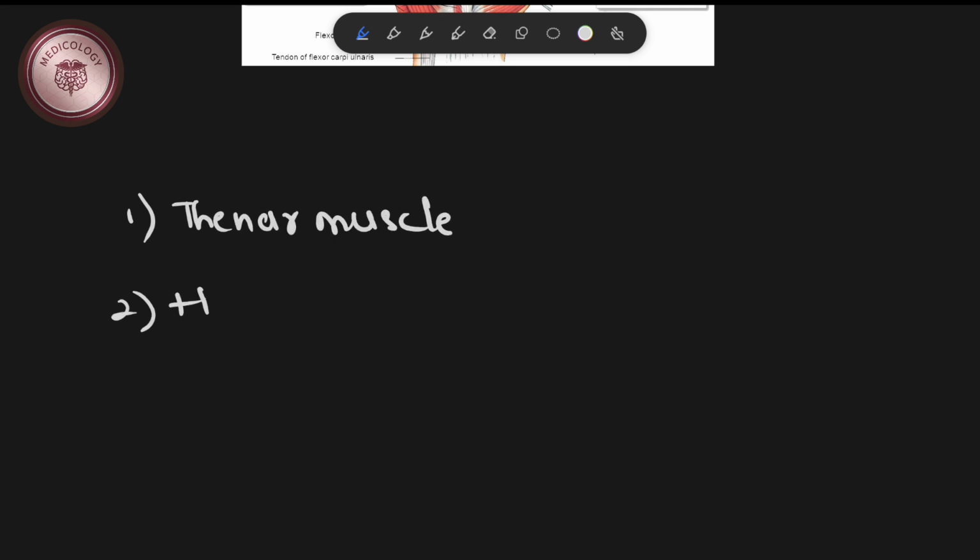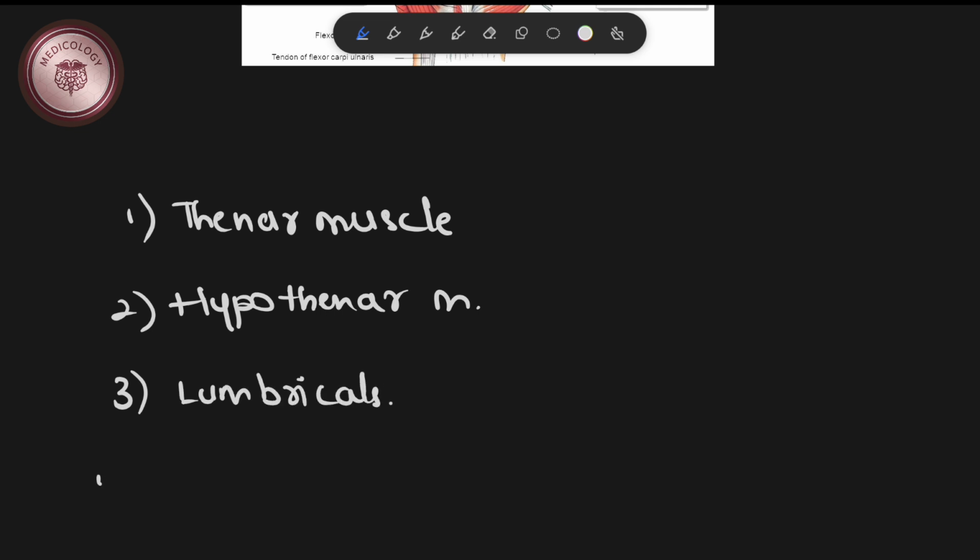Second, hypothenar muscles. Third, lumbricals. Fourth, palmar interosseous muscles. And fifth, dorsal interosseous muscles.